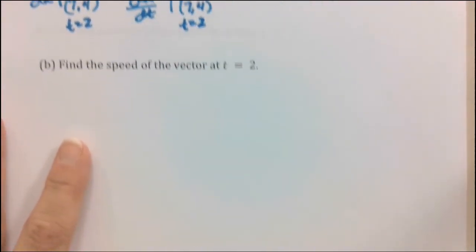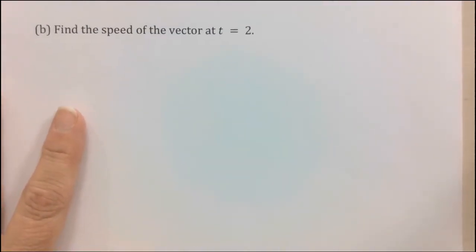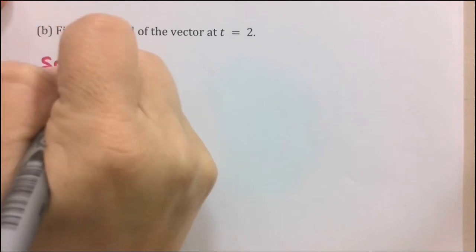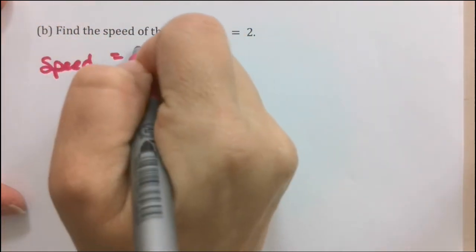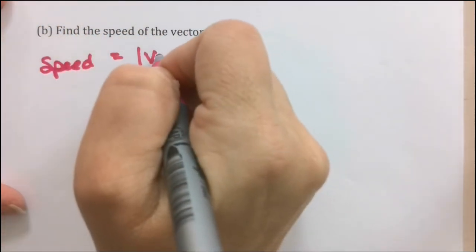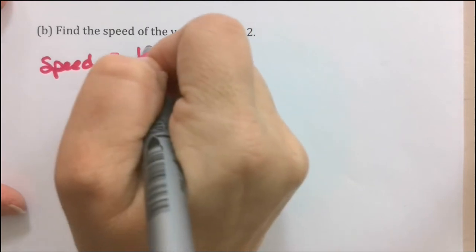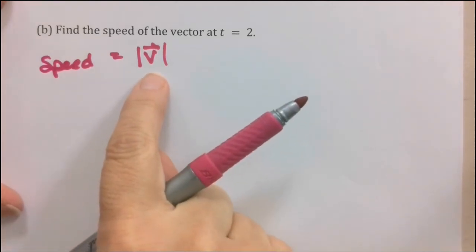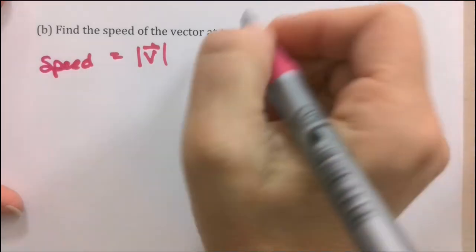Okay, moving on to part B, we're asked to find the speed of the vector at t equals 2. And so we need to remember that our speed formula, speed is the absolute value of velocity, or in motion along a curve, it's the magnitude of the velocity vector.